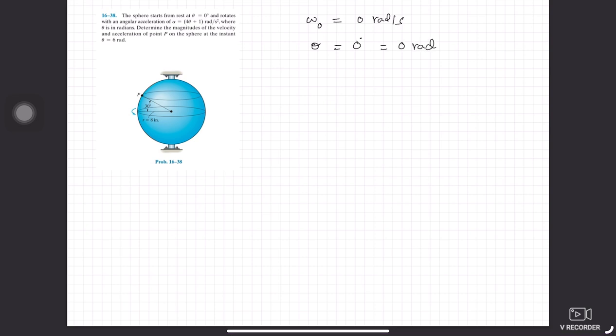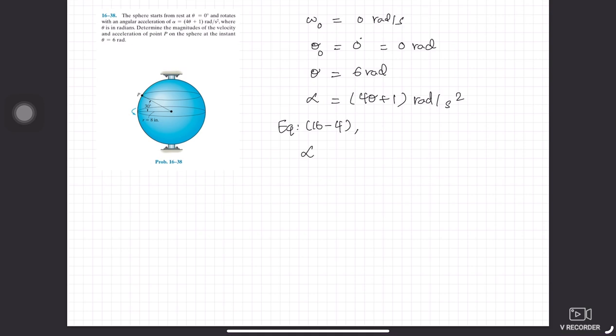The problem requires us to determine at the instant of 6 radian, and alpha is equal to 4 theta plus 1 in terms of angular position, radian per second squared. From here we will apply equation 16.4, which is a relation of angular position, angular velocity, and angular acceleration.